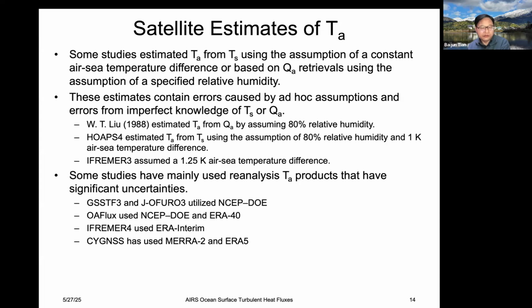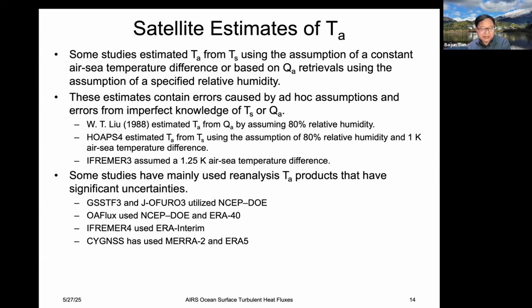And HOAPS flux data estimates T sub A from SST. You assume 80% relative humidity and 1K air-sea temperature difference. And the French flux data assume 1.25 degrees air-sea temperature difference.